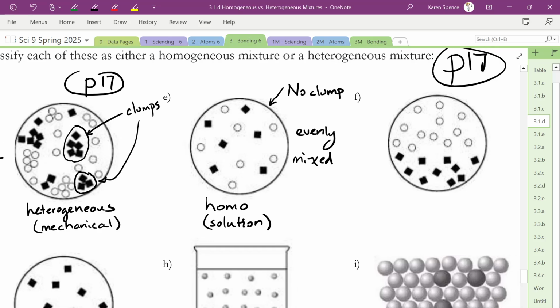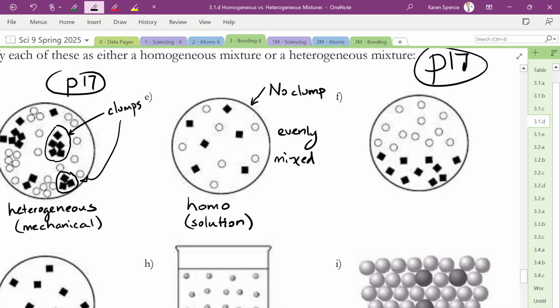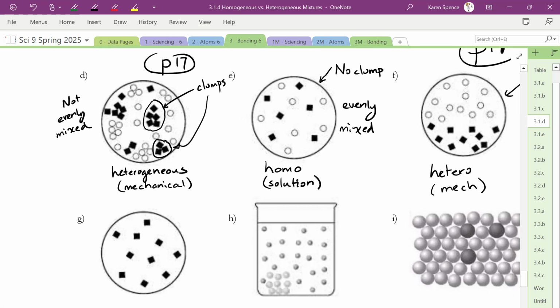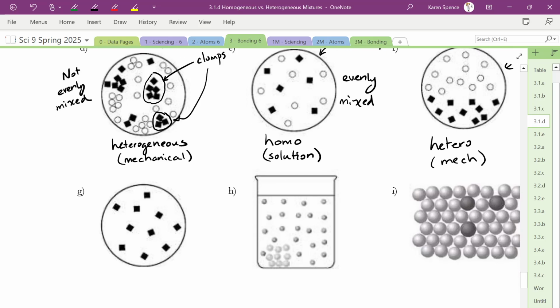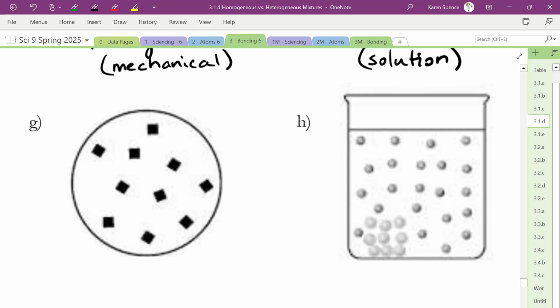Tell your partner, what is F? What is this one here? Heterogeneous or mechanical. Now G. Now is where I see if you're paying attention or not. It's neither.